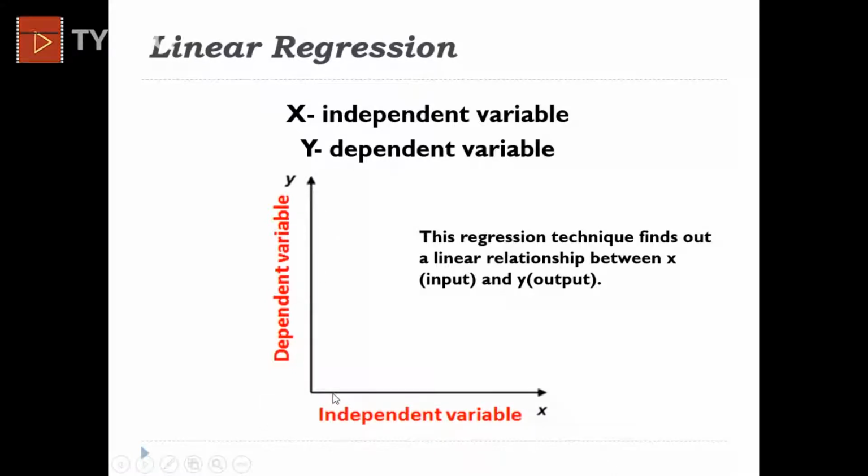These independent variables are nothing but the input values from our given data set, and the dependent variables, that is the y values, are the ones which are going to be predicted on the basis of these given input values from our data set. So what linear regression basically does is predict the dependent variable values y based on the given independent variable values of x.